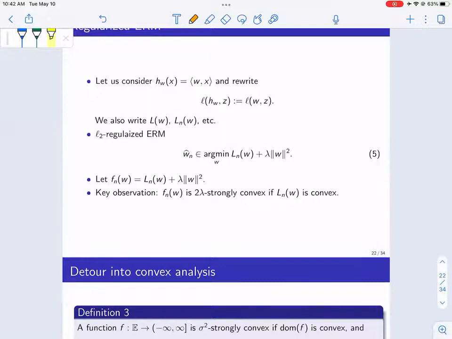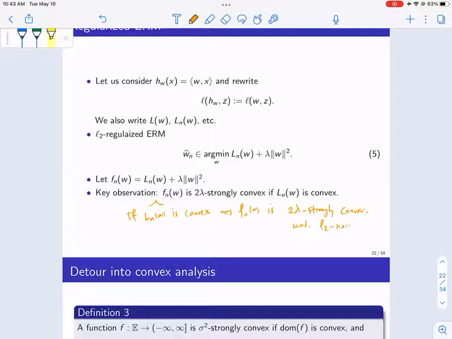So if I define this function to be f_n(w), the key observation is that if L_n(w) is convex, which is the case for the hinge loss, not for example for the 0-1 loss, then this function f_n(w) is 2 lambda strongly convex with respect to the L2 norm, let's say.